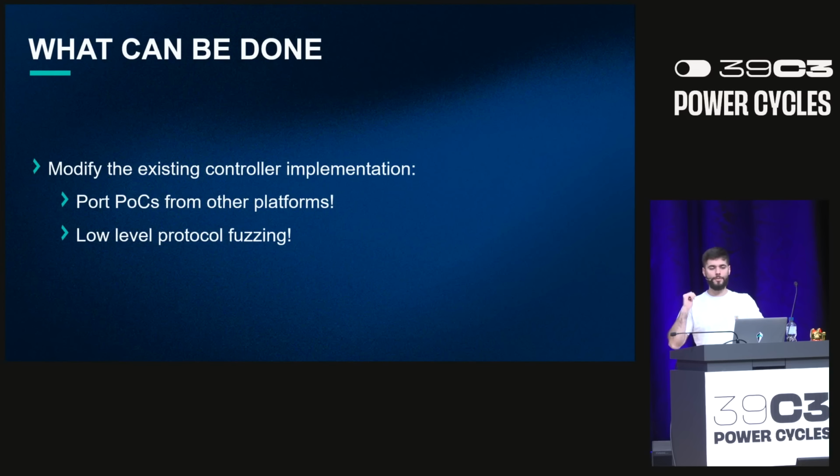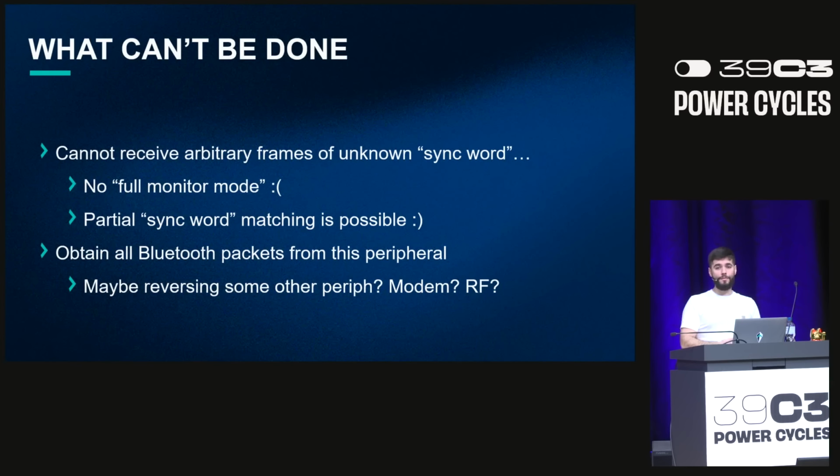Also, because of the arbitrary sending and receiving, we can do low-level protocol fuzzing, which was previously not possible with the ESP. Unfortunately, originally we wanted to build a full monitor mode sniffer, but all those Bluetooth packets have a synchronization word, which is a preamble to the packet, and that is not known for connections in general.